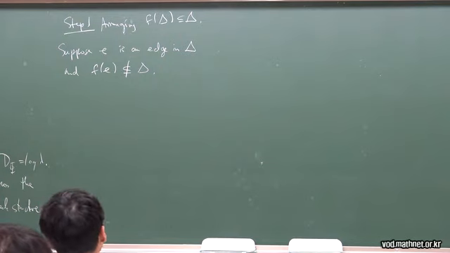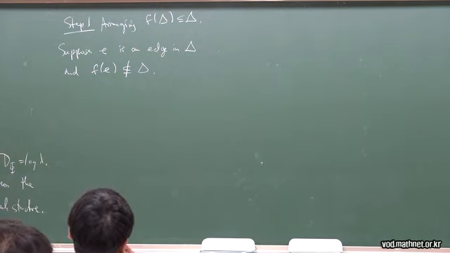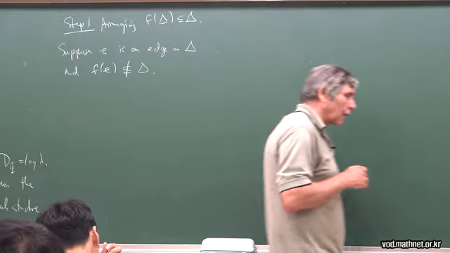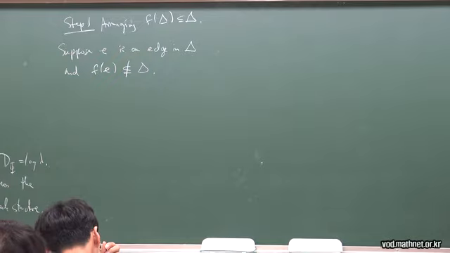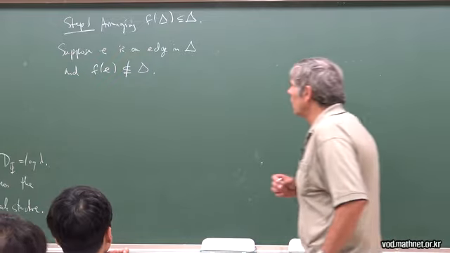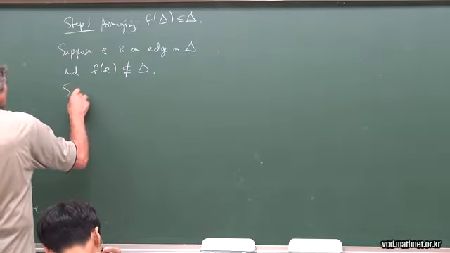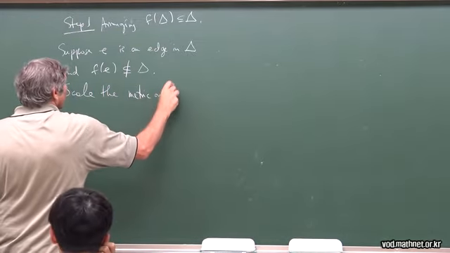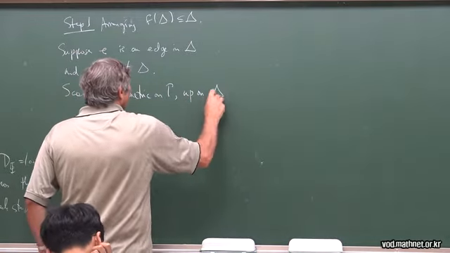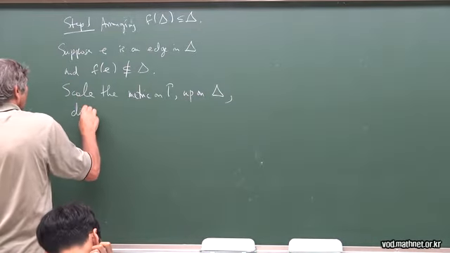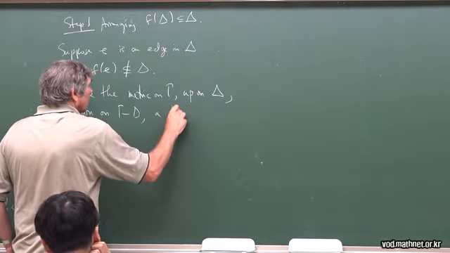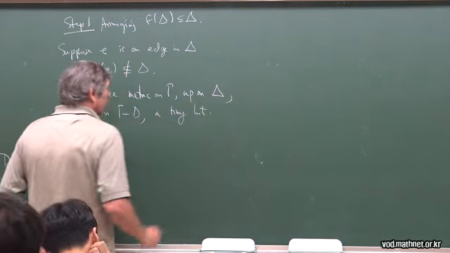Okay, so what can I do? Here's what I want to do. I want to scale the metric up on delta and down on the complement of delta, a tiny bit, just by some very small epsilon.